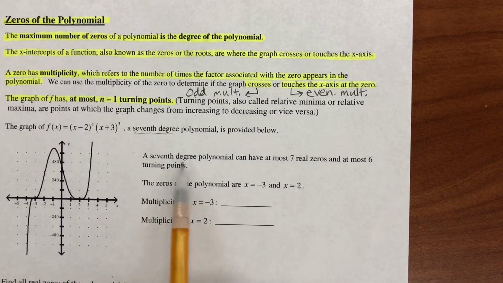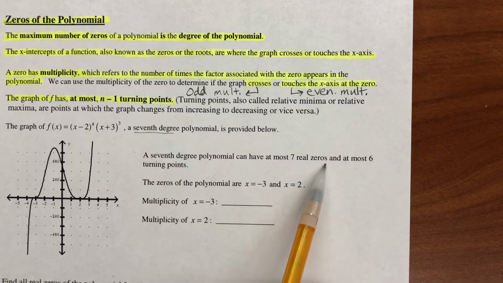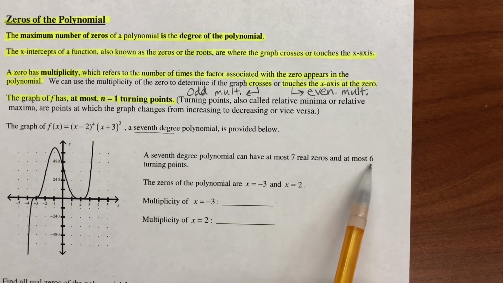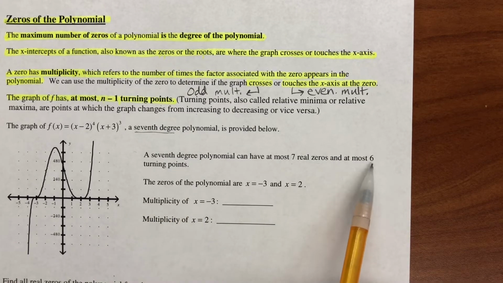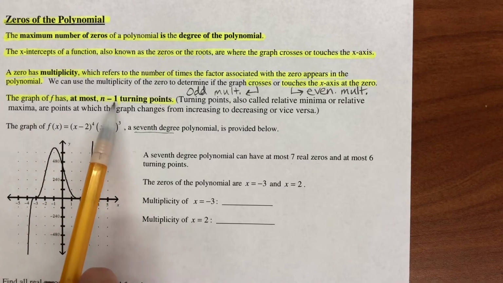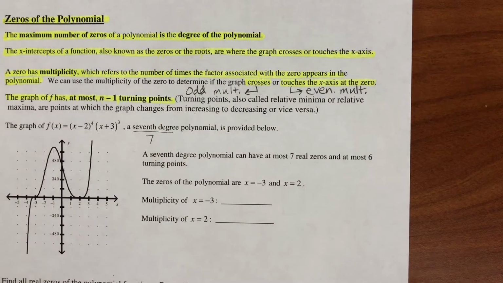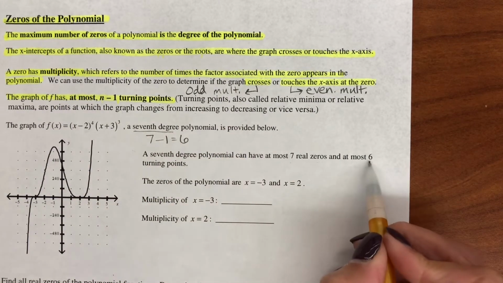So a 7th degree polynomial can have at most 7 real zeros. That's the max number of zeros. And at most 6 turning points. So remember, turning points, you do n minus 1. So since we know it's 7th degree, you would do 7 minus 1 is 6. So that's where that came from.